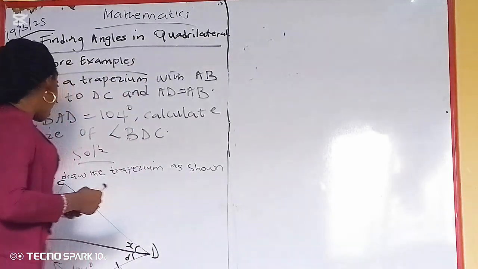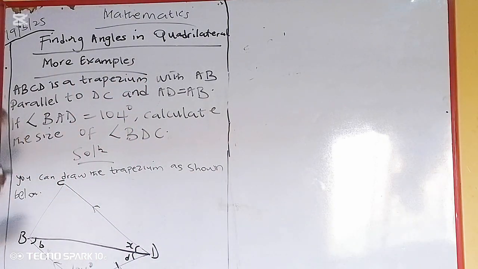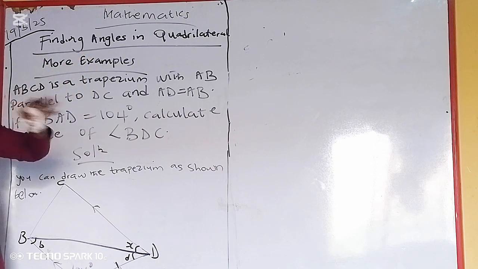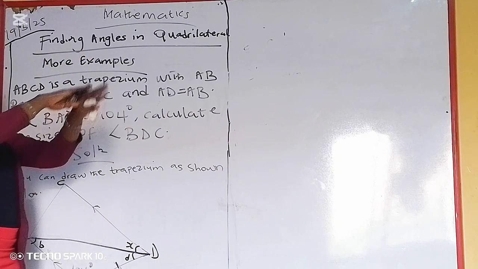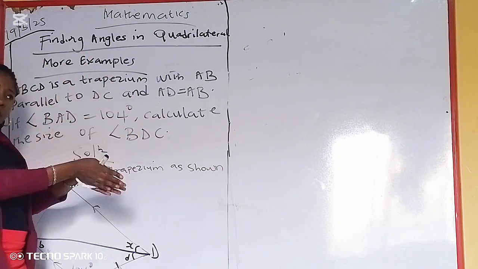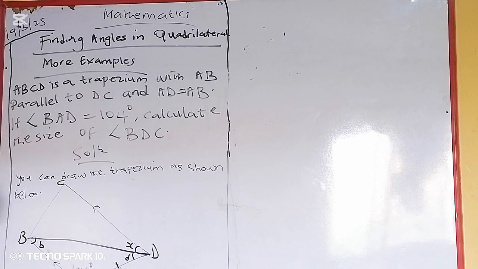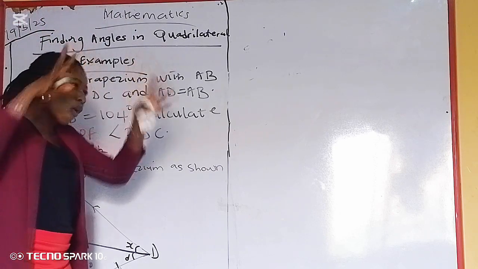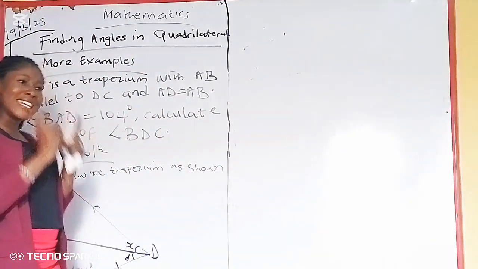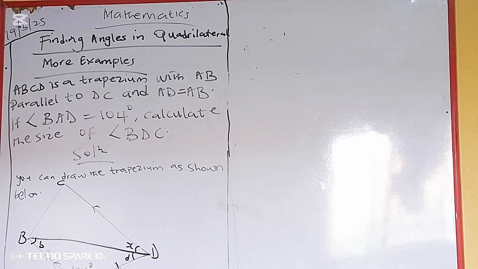So don't forget we said in our last class that when a quadrilateral is divided into two, it gives us two triangles. The sum of angles in one triangle is 180, the sum in the other triangle is 180. So together the sum of angles in a quadrilateral is 360 degrees. Good.